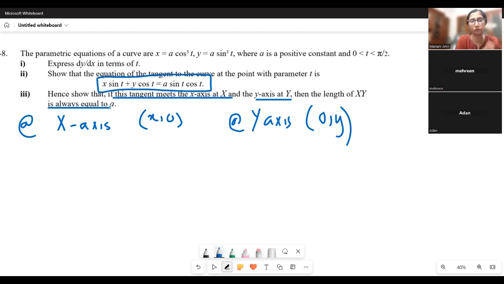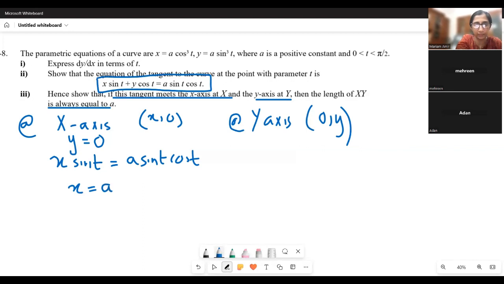So this is the equation of the tangent. Let's do y equals 0 first. So when y is 0, we get x sine t equals a sine t cos t, which is x equals a cos t.